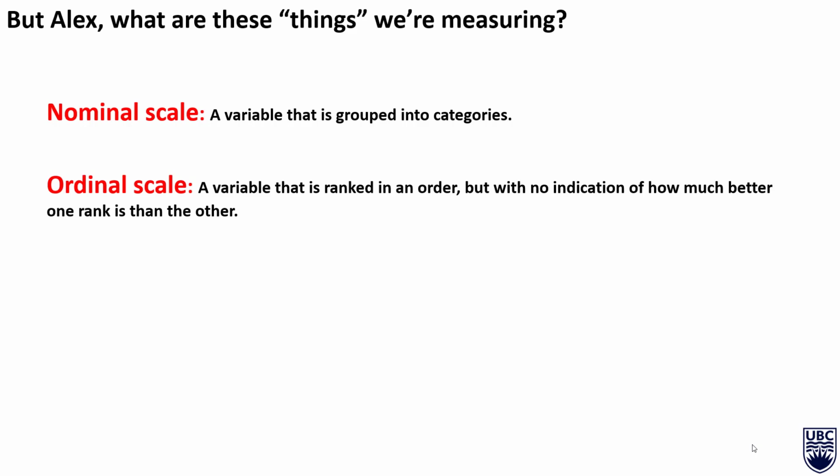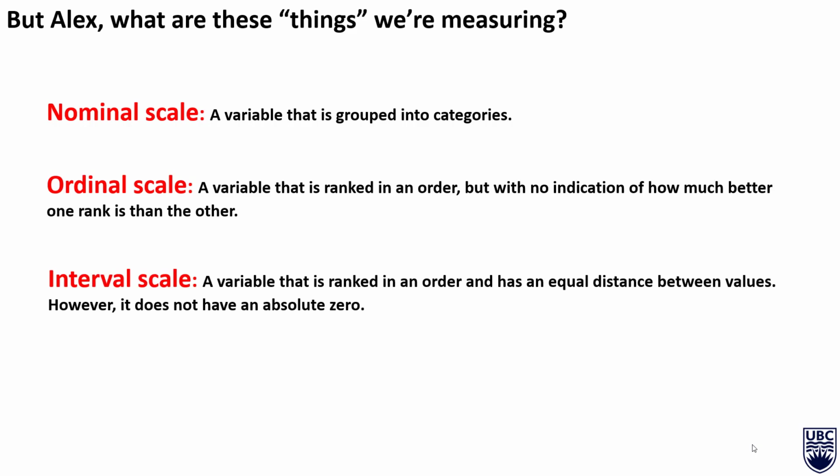Now, if we go into our continuous variable breakdown, we first have our interval scale. So again, this is a variable that is ranked in an order, just like ordinal scale, but this time it has an equal distance between the values.